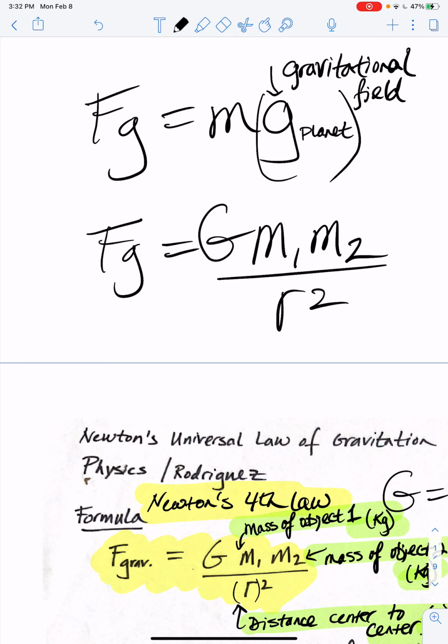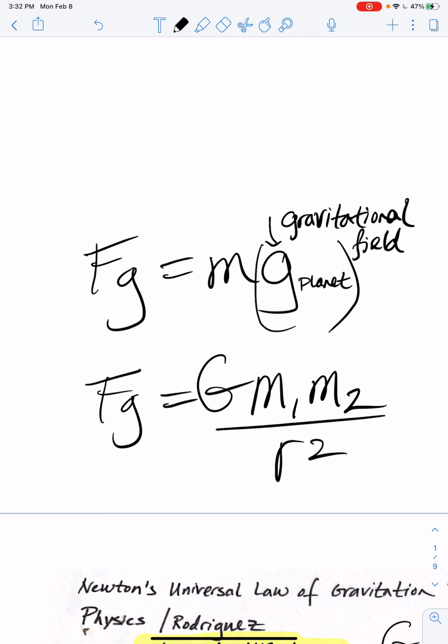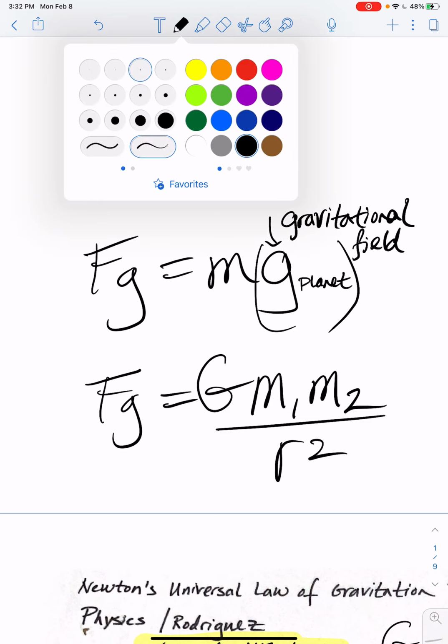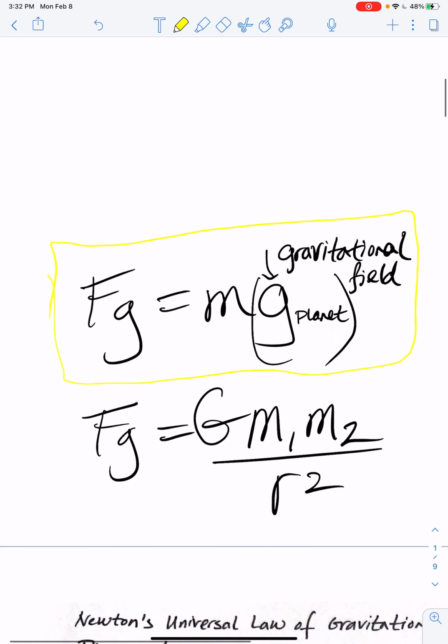And so my point is that we can think of this as being a form of the equation underneath. We can think of the formula we've used up to this point, Fg is mg, as a form of the universal gravitational formula.